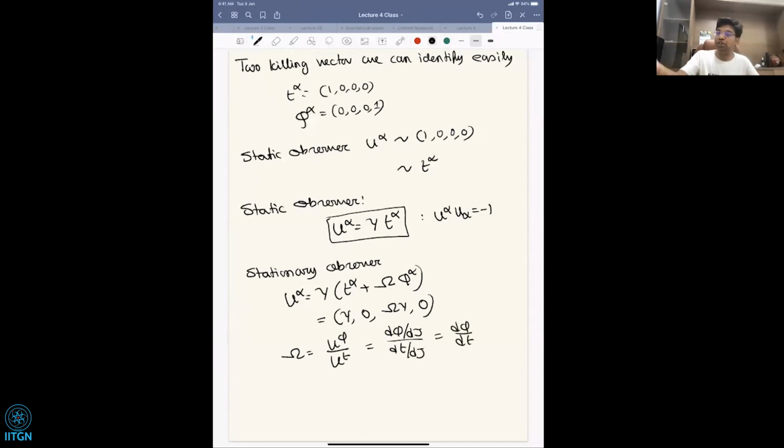So therefore, it is the coordinate angular velocity. So a stationary observer has a phi direction component, and omega we identify as the angular velocity. Again, we must have u alpha u alpha to be -1. Note that I'm using the same u alpha for both observers, but they are different u alphas. You know what I mean.